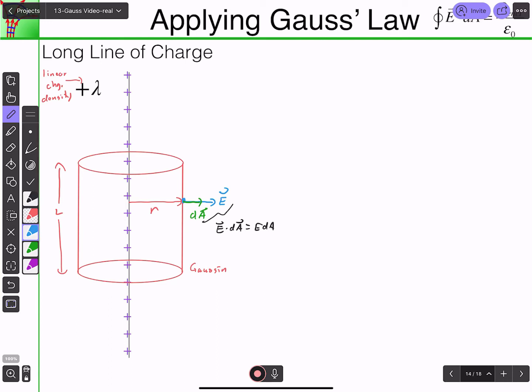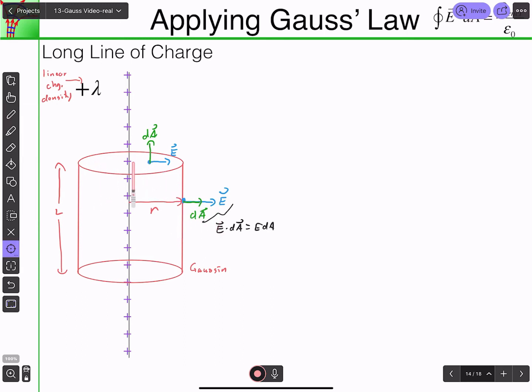Now let's look at a point here along the top surface. At the top the electric field is still pointing away, but the area vector is pointing upwards. On the outer surface, the electric field is pointing in the same direction as the area.